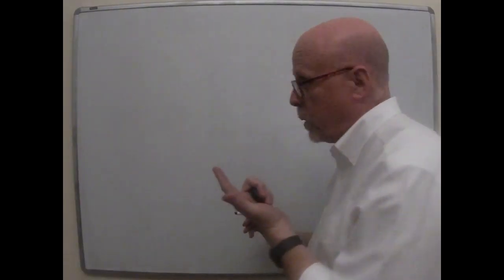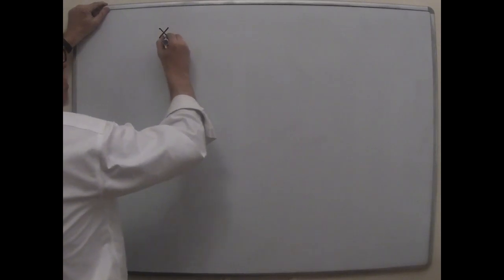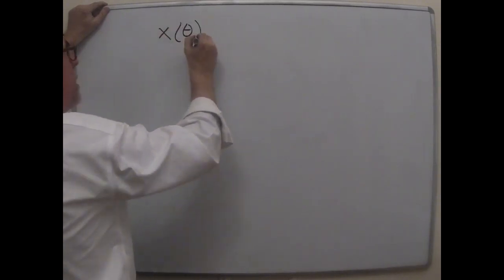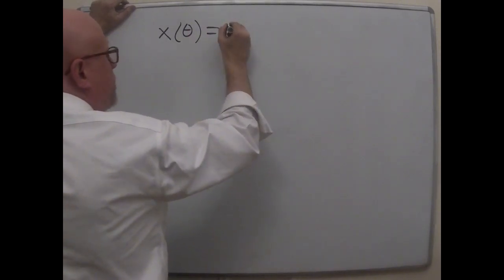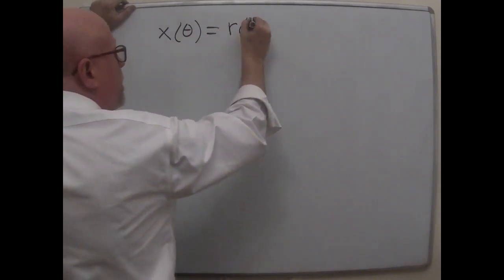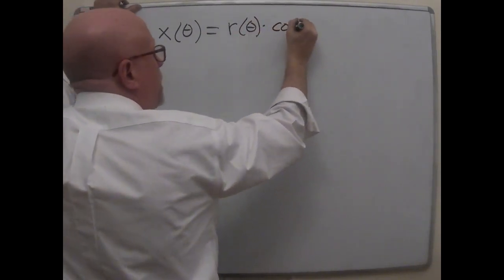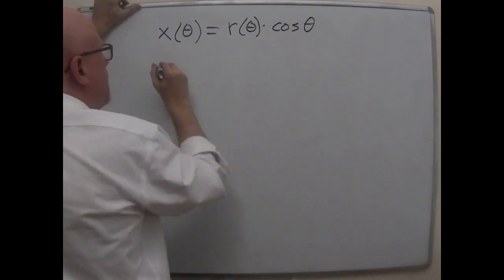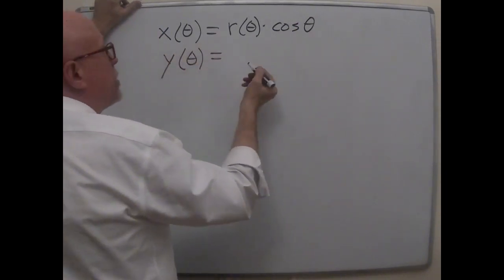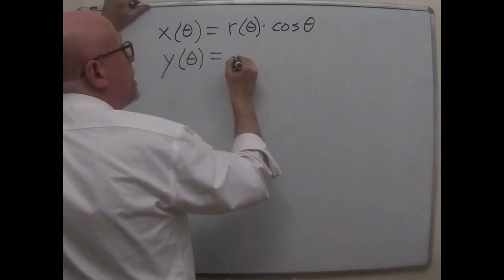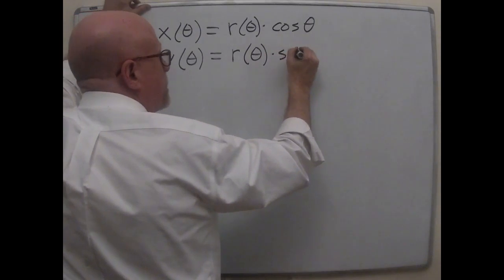So what about polar? In polar, we have that the x coordinate is really a function of theta, some function for the radius, called r of theta, times cosine of theta, right? And the y coordinate is also a function of theta, and that'll be r of theta times the sine of theta.